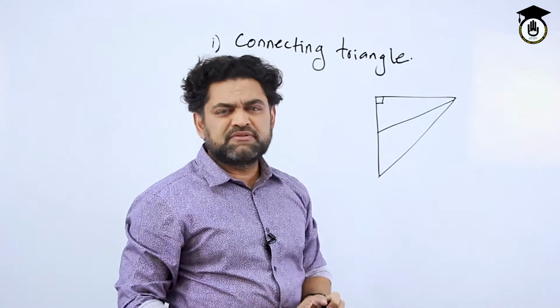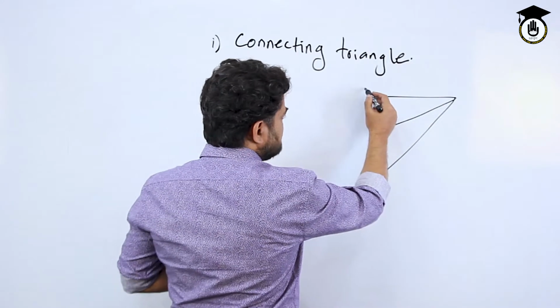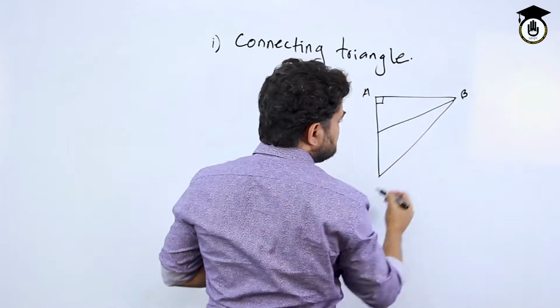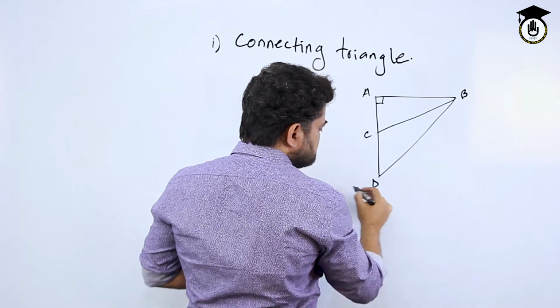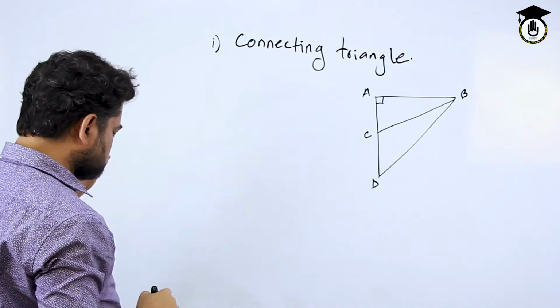It will be easier if I label them. Let me name the points A, B, C and D. You see there are two triangle problems.